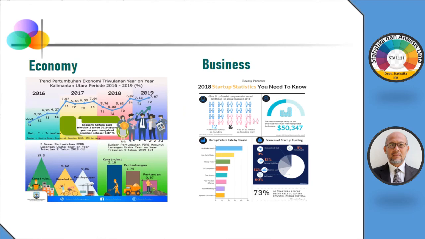Statistics as a science can be applied in various fields. For example, you can see here, statistics can be applied in economics, for example to predict economic growth per year, as well as in business.